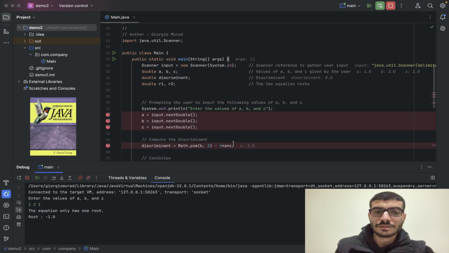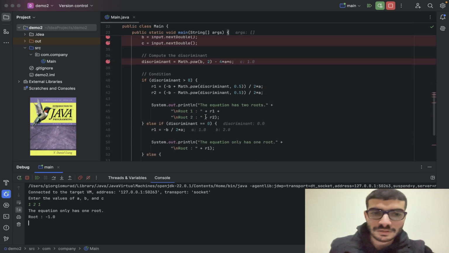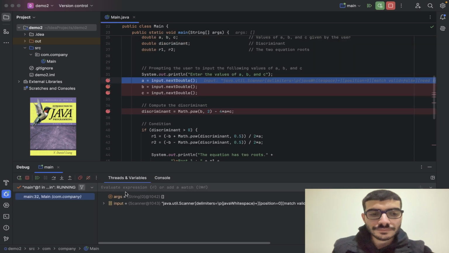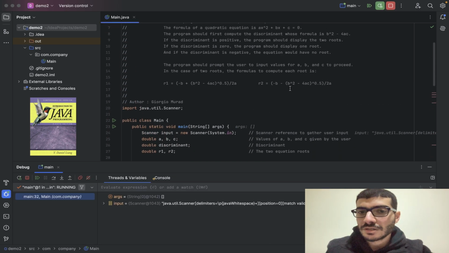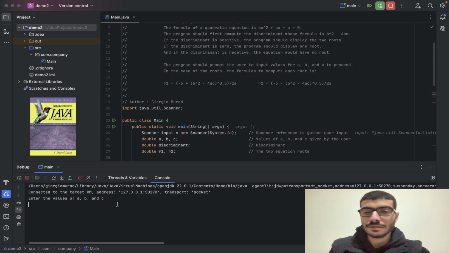We tried that, so let's try that for the discriminant to be positive so that it would display the two roots. So let me rerun this program. Okay, for the discriminant to be positive, I can set B equal to 0, A to minus 1, and C to 1. Okay, let's do that.